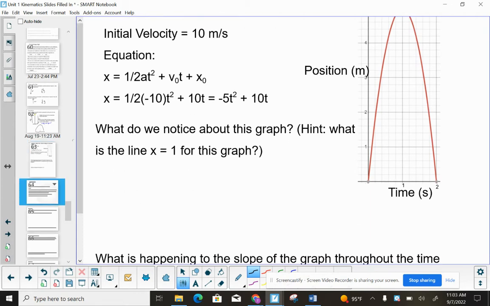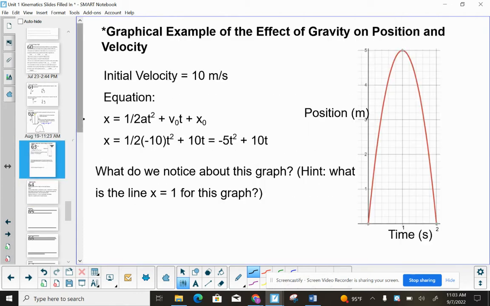And we can see that here on the next slide. This is our position graph. If I use an acceleration of -10, that's my gravity, right? I'm going up, reach the peak, and I come back down. Now, again, what do we notice about this graph? What is the line x equals 1 for this graph? Well, here's the line x equals 1.